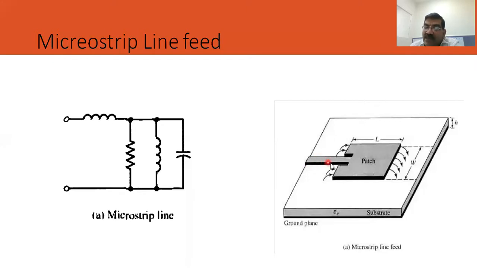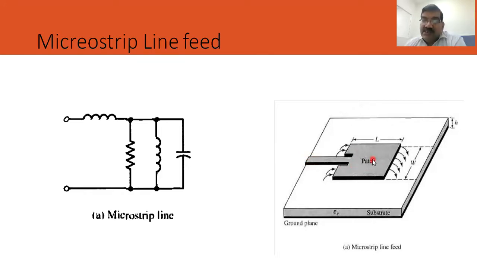It has some length, whatever the length should be, and whatever this patch, this notch or something, this particular design is made for impedance matching. Whatever the impedance of this line is should match with the impedance of the patch.